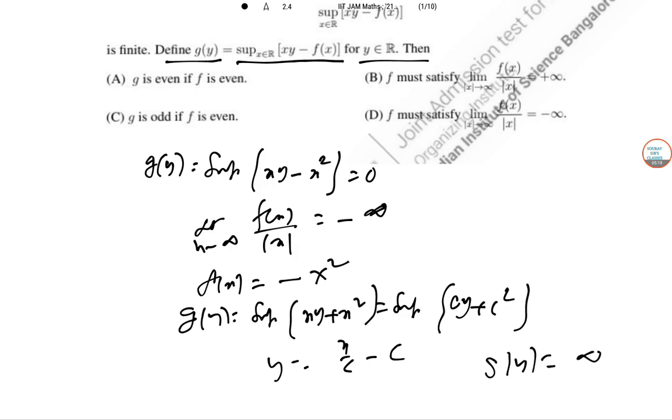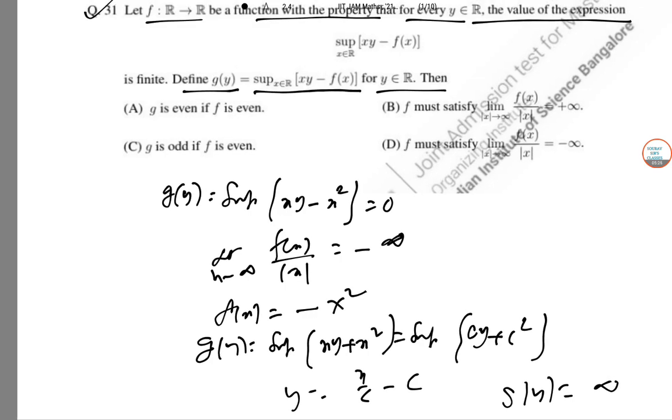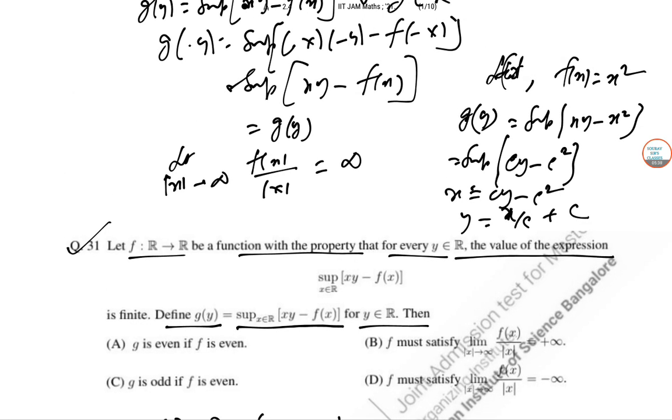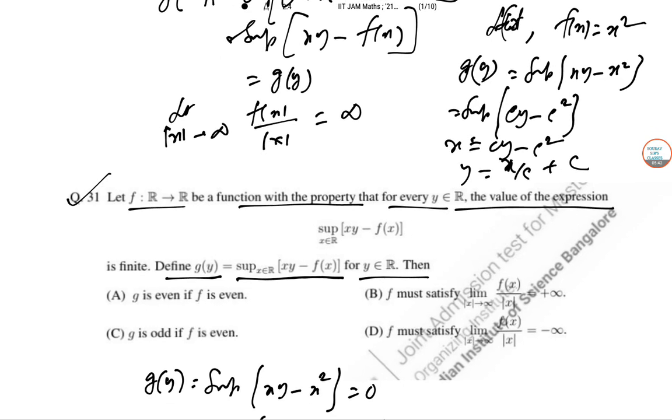So as a result of that, finally we can say in this question, g is even if f is even is the correct answer.